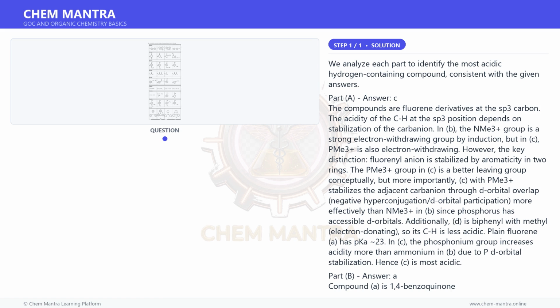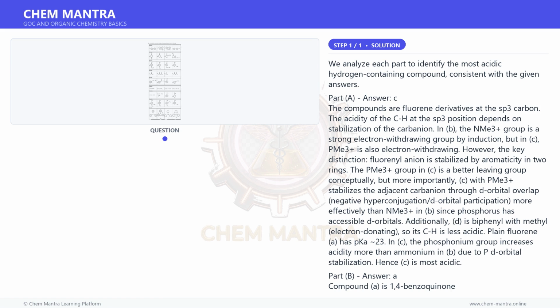C, an alpha-keto ester, has acidic alpha H, pKa 11-13. D has the carbonate ester. Re-examining A shows a 6-membered ring with two C=O groups and double bonds, suggesting a quinone structure.